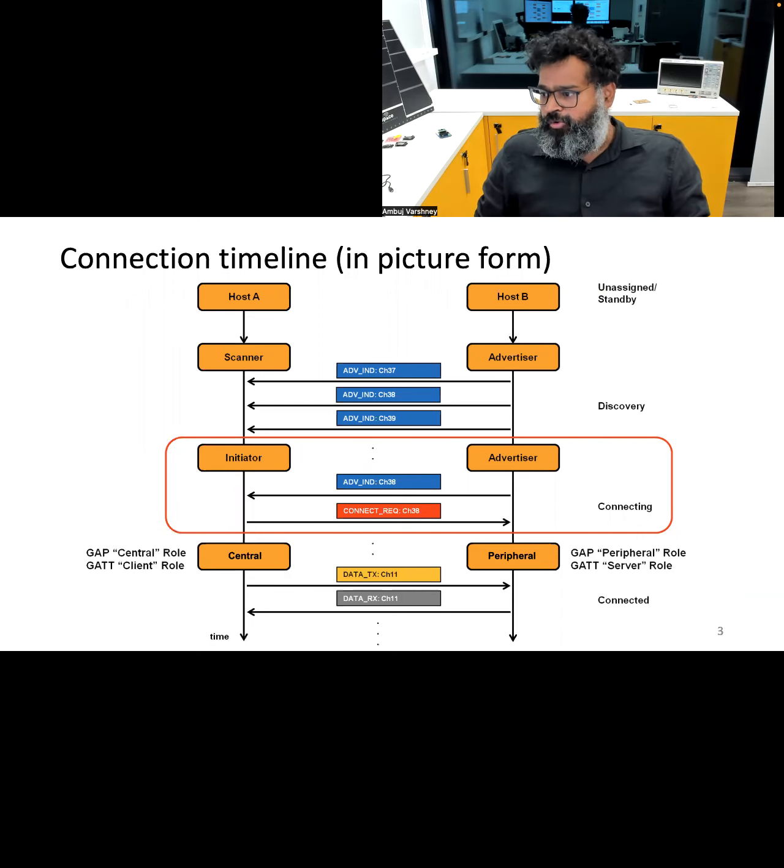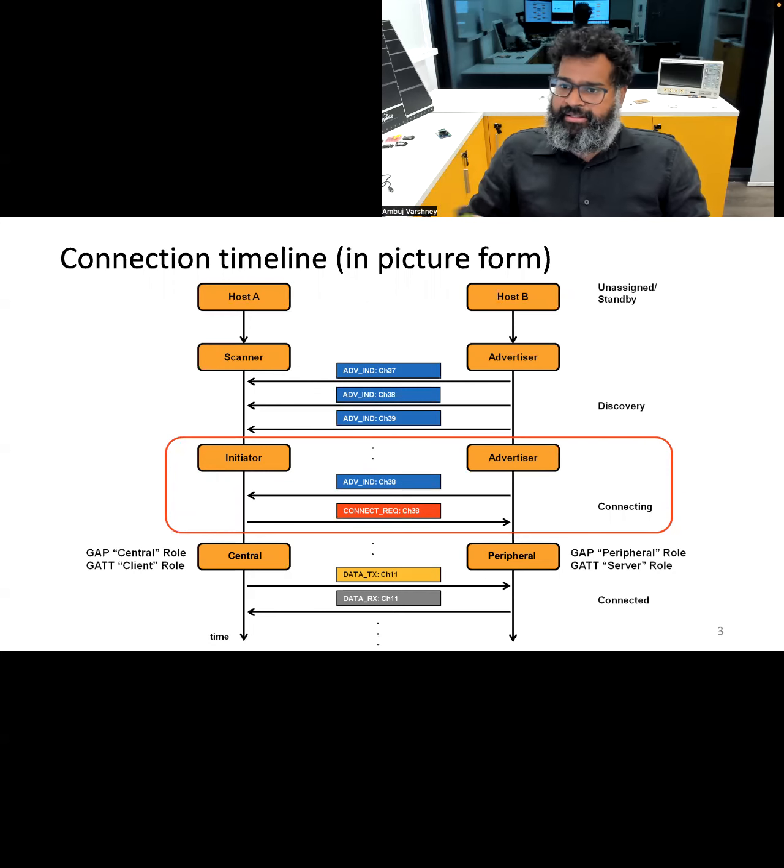As soon as host A receives these advertising packets, and the advertising node sends another packet, host A sends a request that it wants to establish a connection. Once the connection has been established, bidirectional data exchange can happen between host A and host B.